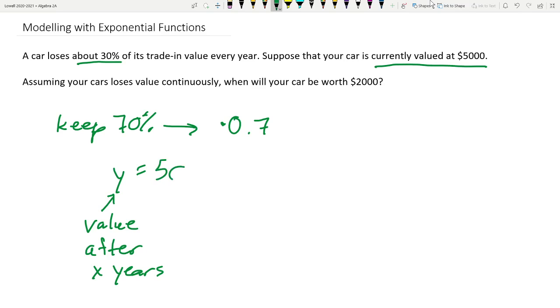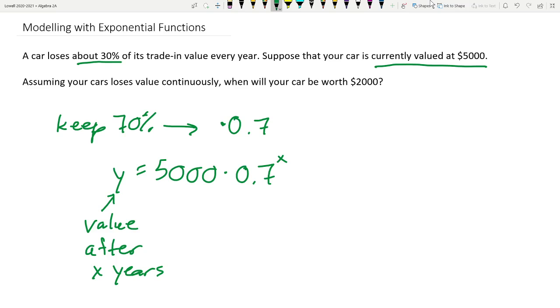So we're going to have an equation like this: y equals $5,000 times 0.7 to the x power.